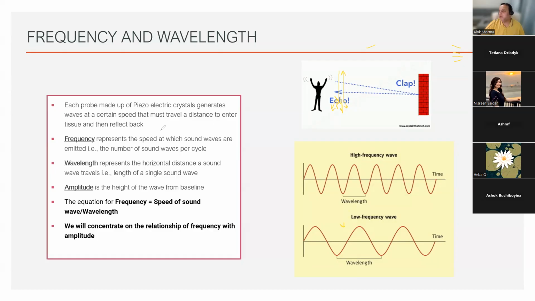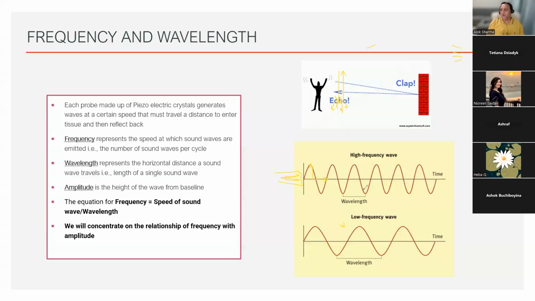You have a probe, and that is emitting sound waves at this particular point. And those sound waves basically move in a certain kind of a pattern. Now, the pattern of the sound wave above the baseline is what we call amplitude. And the distance between each sound wave is called wavelength.